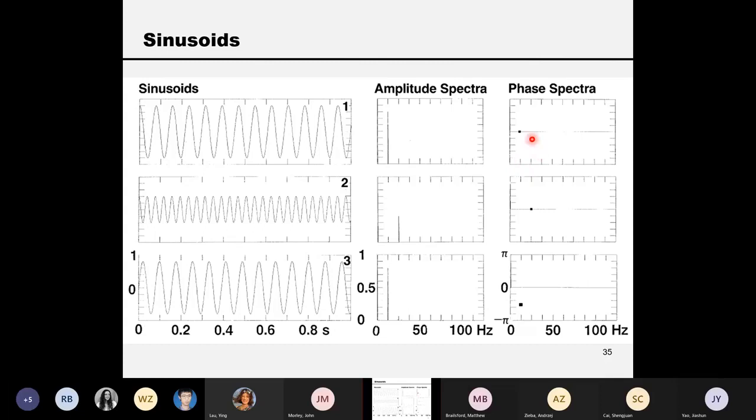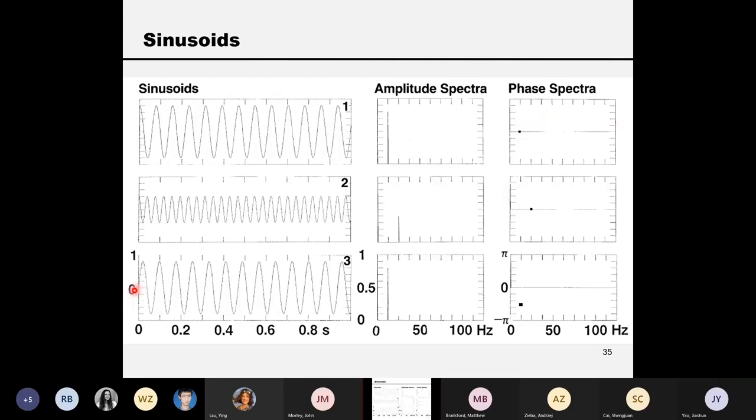Now, how do we define phase? In this first one, at time 0, remember the phase term is e^(i2πft), right? Phase 0, cosine 0 equals 1. So the phase is 0 because here it's 1. So at 12.5 Hertz, your phase is 0.